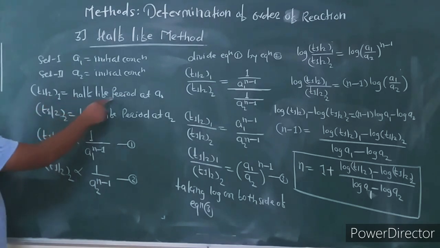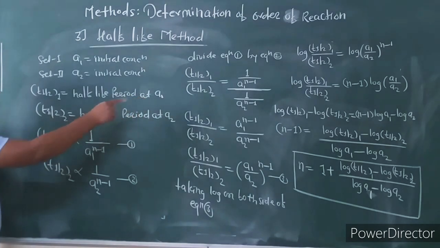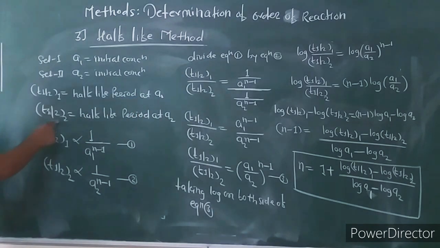T half 1 is the half-life period at initial concentration A1, and T half 2 is the half-life period at initial concentration A2.